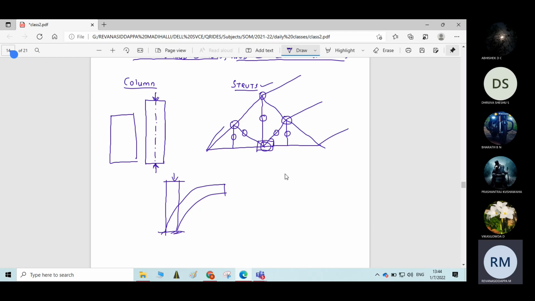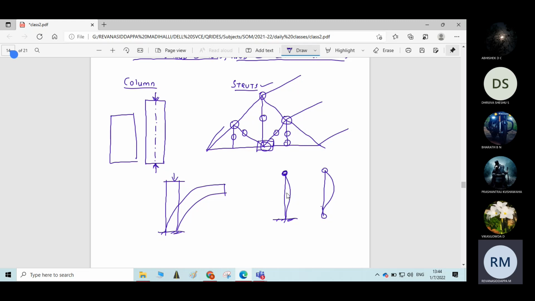Or else, if one end of the column is fixed and the other end is hinged, then also there will be some buckling of the column like this. If both the ends of the column are hinged in nature, as in a member of a truss, then there will also be a kind of deformation to the column.